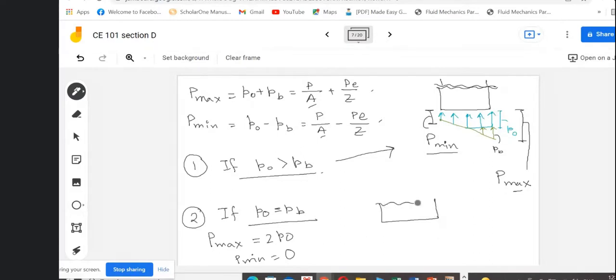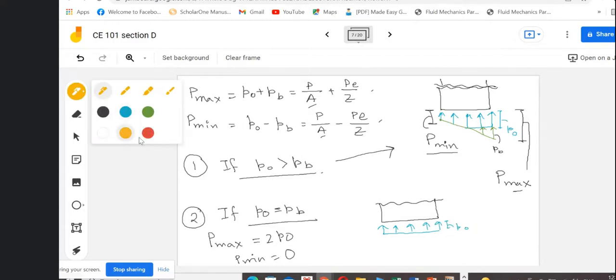So again, the beam section bottom part is drawn. In this case, the direct stress is occurring here, uniform, P naught, and here the equal amount will be acting, and here the equal amount will be deducted.